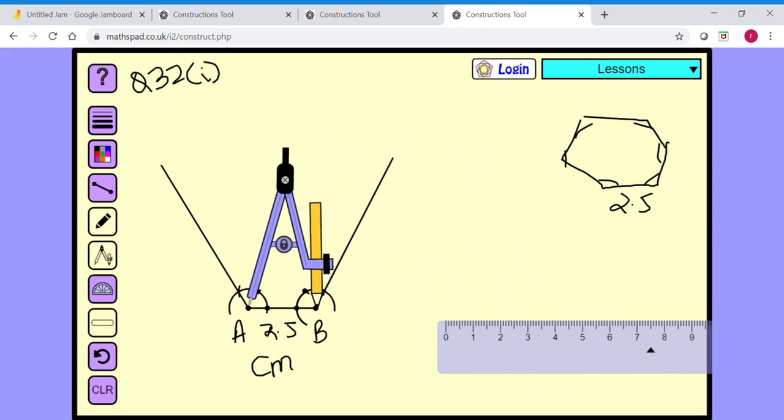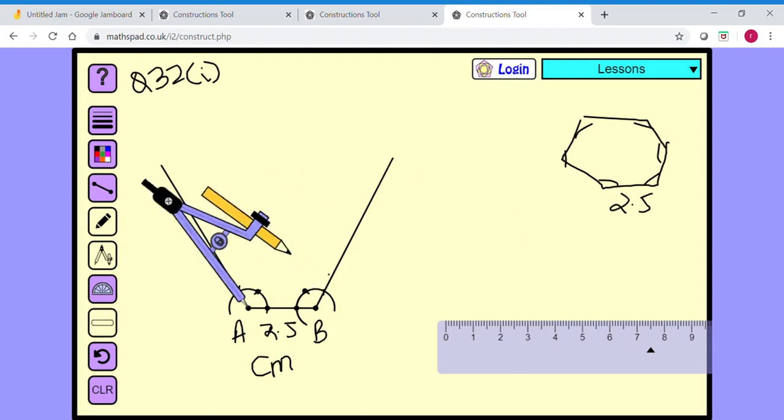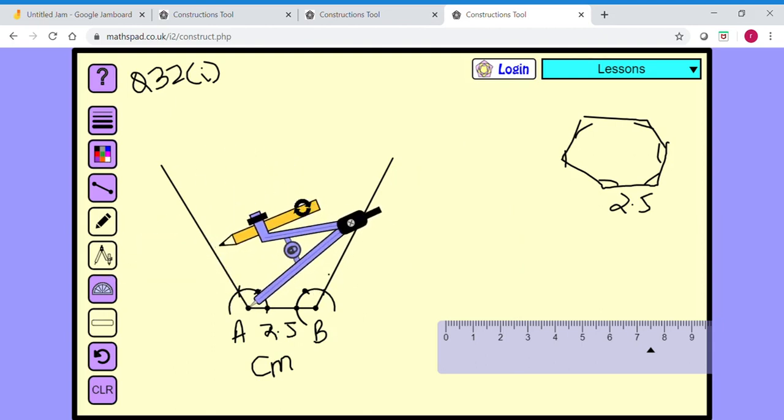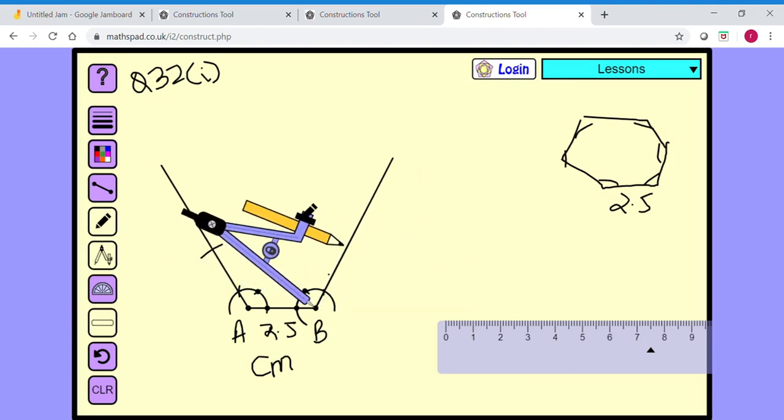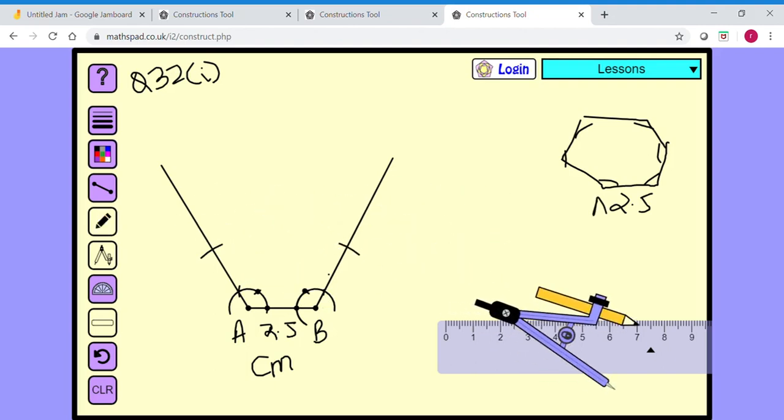I'll keep it at A and cut this arc here. Perfect. I pick it up, keep it at B and cut this arc. Perfect. So now I've got A, B, C, D, E and F. So I've got point F and I've got point C.